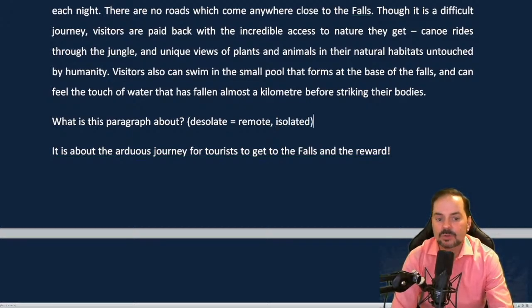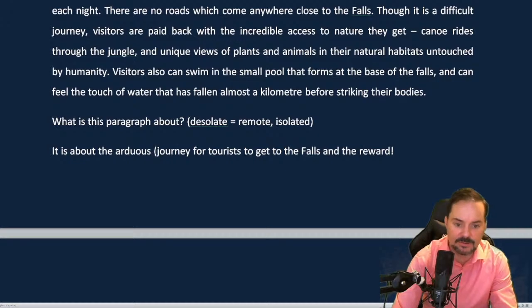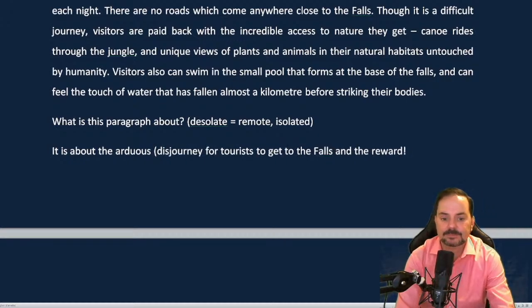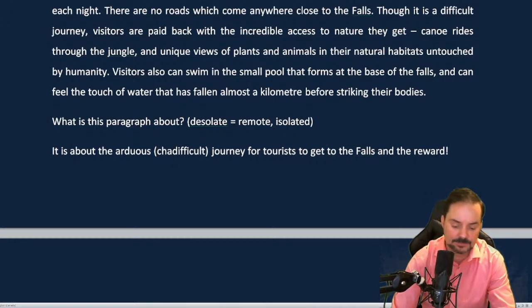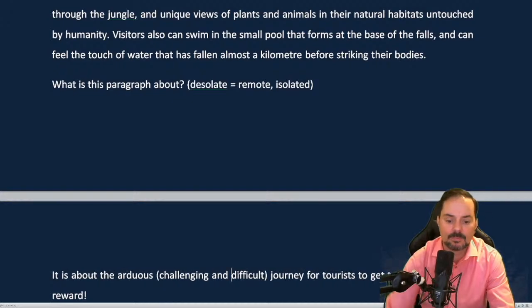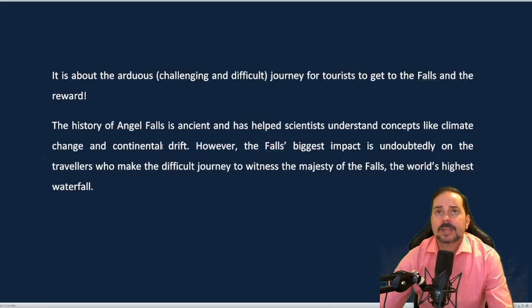And I'm using the word arduous, which means difficult in this case. So pick up new vocabulary from these classes as well. Challenging and difficult, arduous. Yeah, that's what it is about.